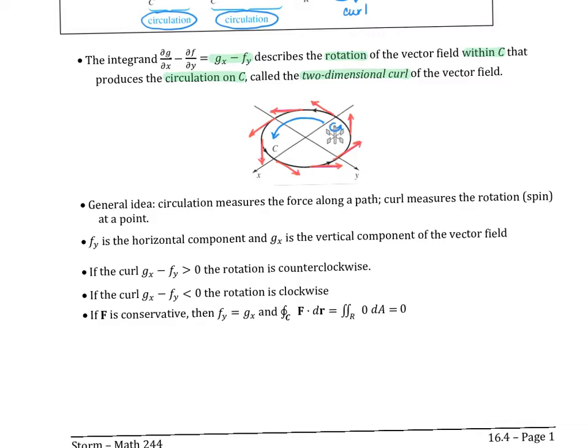So the general idea is that circulation measures the force along the path, the curve. The curl measures the rotation or spin at a point within the curve.